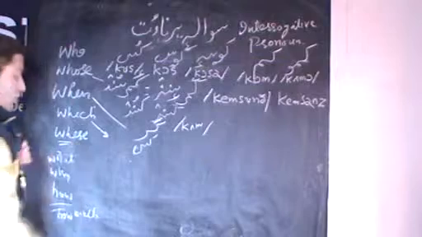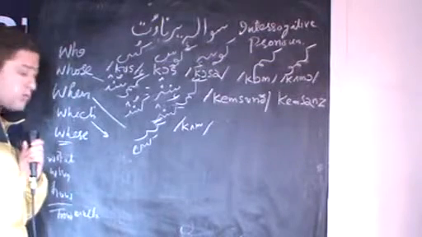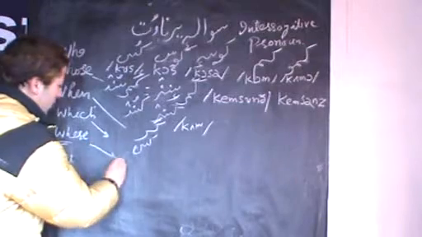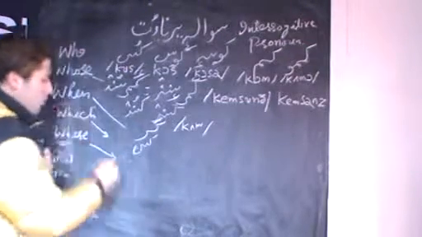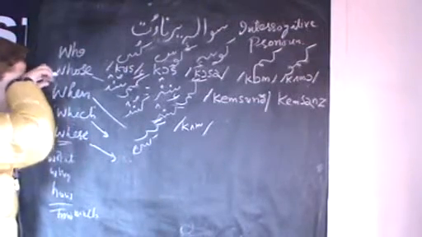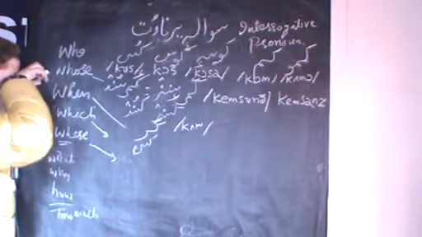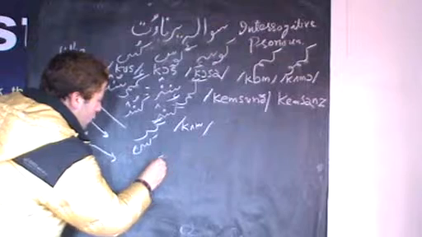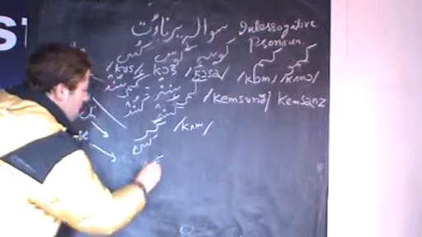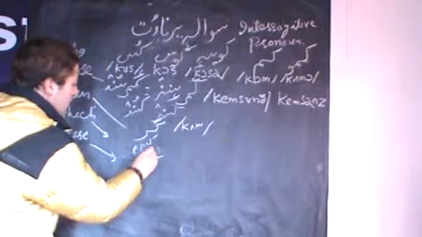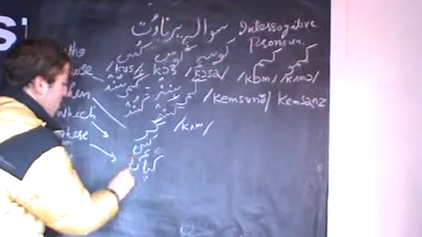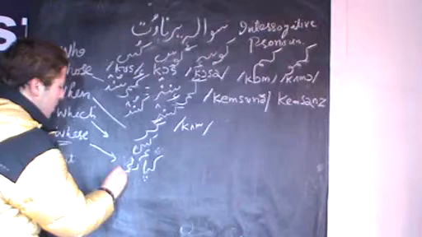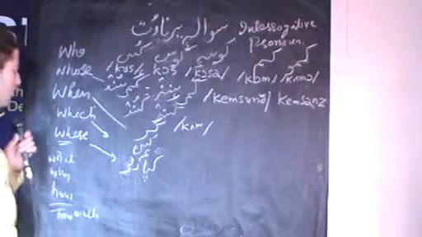Now we have where. It shows the direction. Here we use, I will show only one or two. This is couple. This is couple.